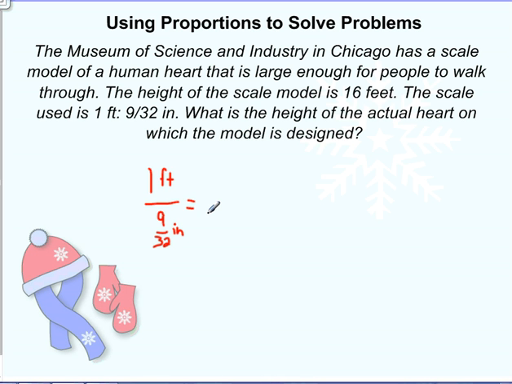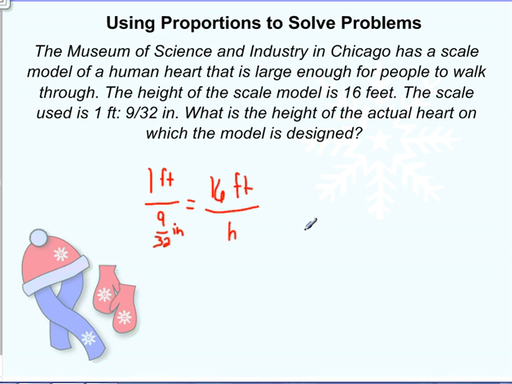All right, so we know that our scale model is 16 feet, but we know that an actual human heart is not 16 feet tall. So we would put 16 feet because the 16 feet corresponds with the feet on the top of our other ratio. And then under here we would have, let's just say H is our unknown.